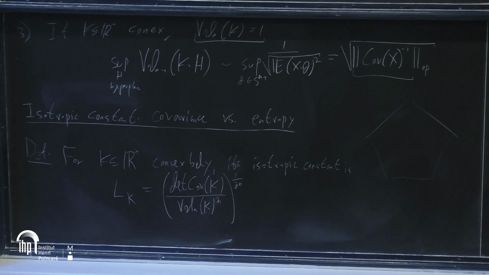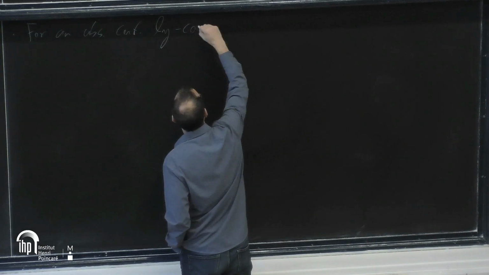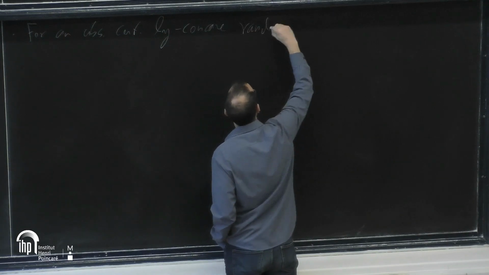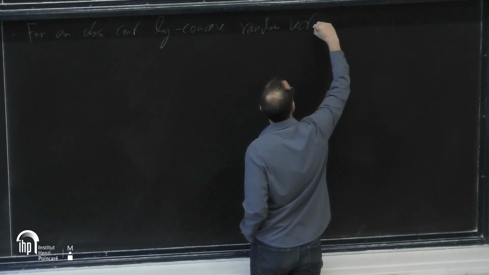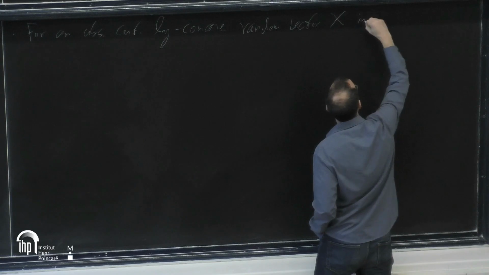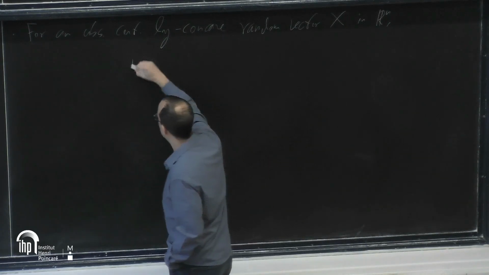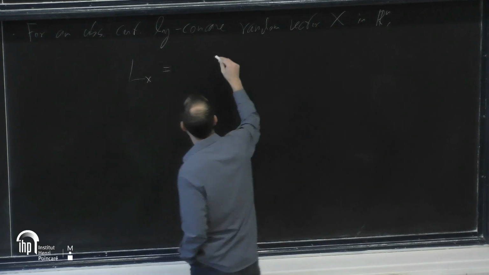Okay, why entropy? If you have an absolutely continuous log-concave random vector X in R^n, then more generally you can define its isotropic constant L_X to be something similar.